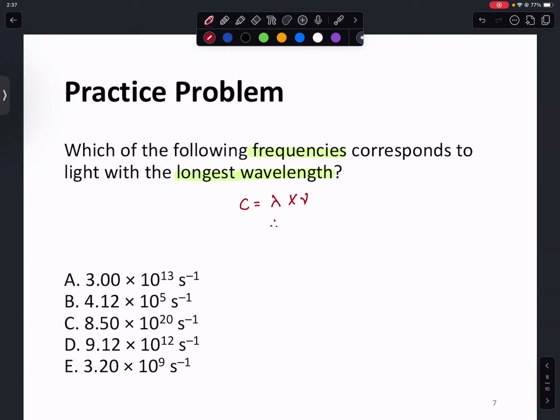Therefore, frequency equals the speed of light divided by the wavelength. And in this case, what has the longest wavelength will have the lowest frequency. So among these, choice B has the lowest frequency of all.